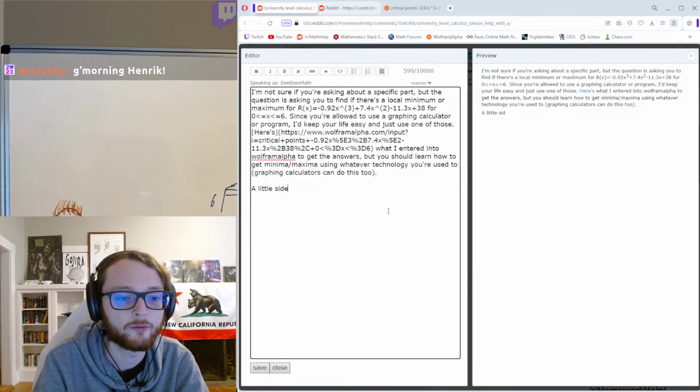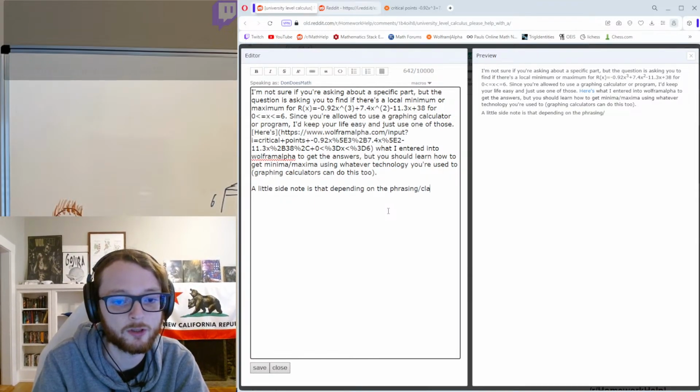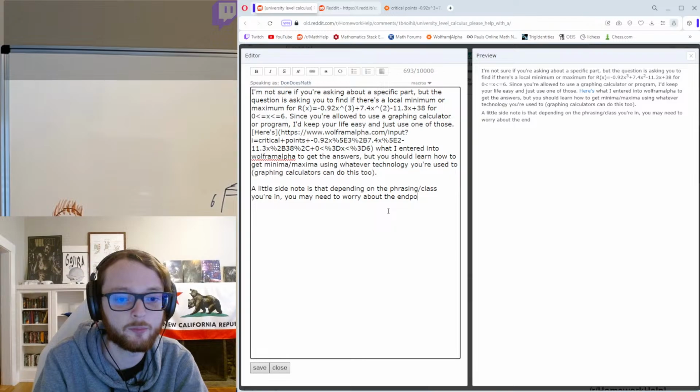A little side note is that depending on the phrasing or class you're in, you may need to worry about the endpoints 0 and 6 and see if they're potentially minima or maxima.